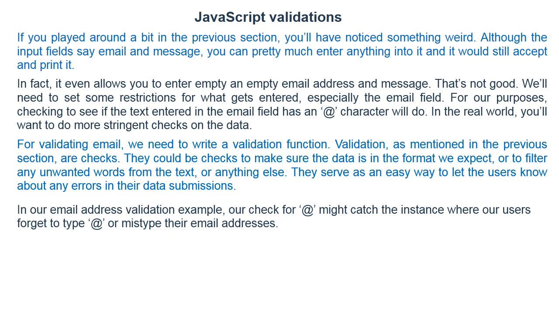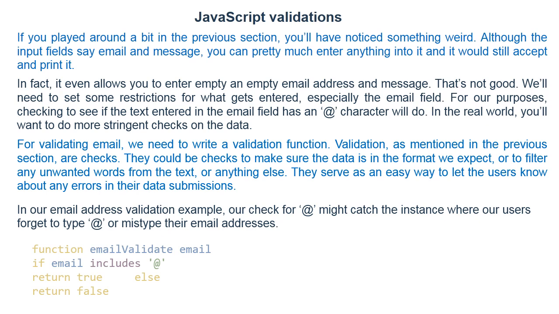In our email address validation example, our check for the @ character might catch the instances where our users forget to type @ or mistype their email addresses. Function isEmailValid(email): if email includes @, return true, else return false.